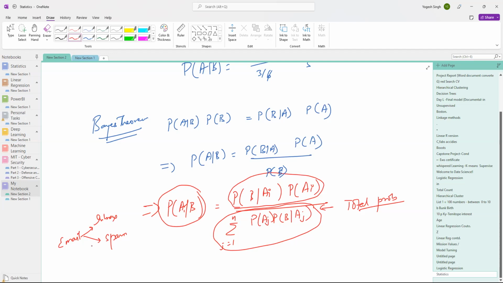But it can be possible that a bank has actually given you a reward, or you have received a reward from somewhere. So is it right to put it into spam? No. So what we do here is we calculate the conditional probability based on the words and try to see where it should go. That decision is taken based on the conditional probability.